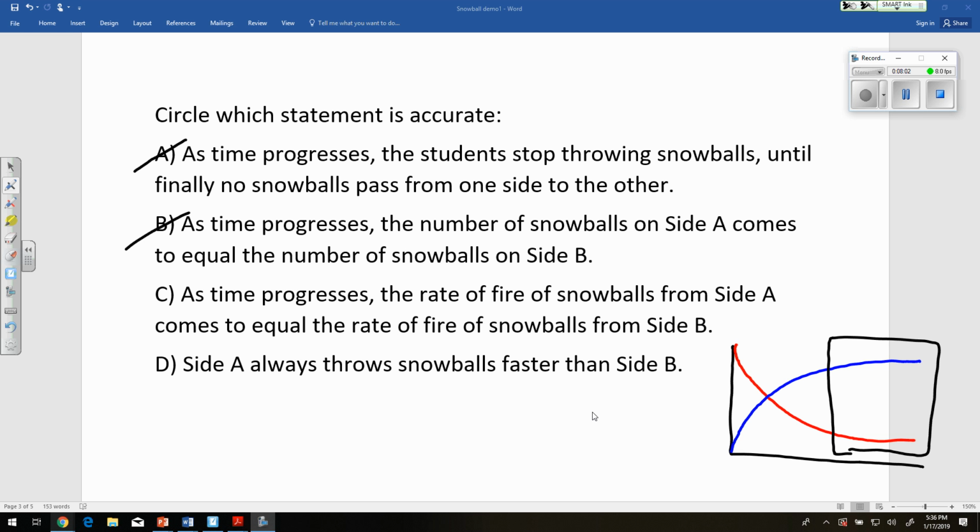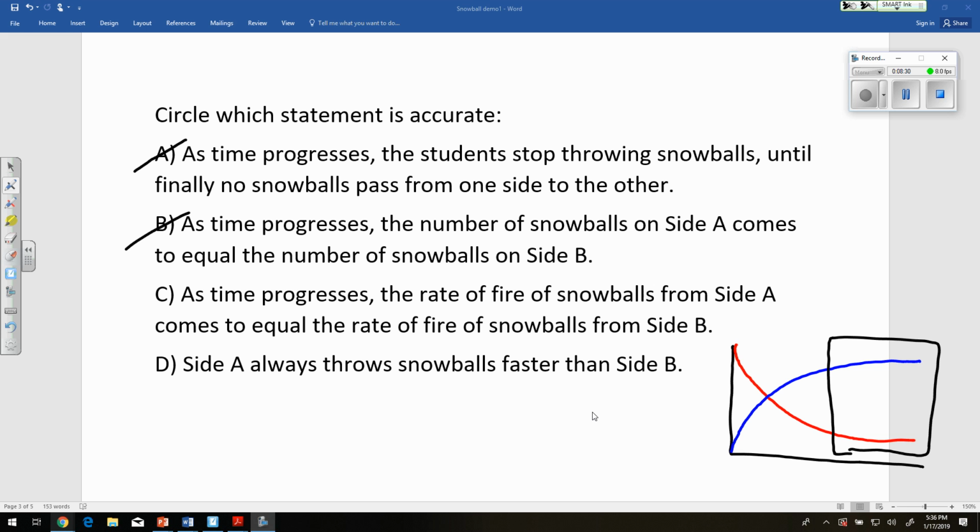C, as time progresses, the rate of fire of snowballs comes to equal the rate of fire on side A and side B. And D, side A always throws snowballs faster than side B. Well, if side A is throwing snowballs faster than side B, the number of snowballs on side B should keep going down.